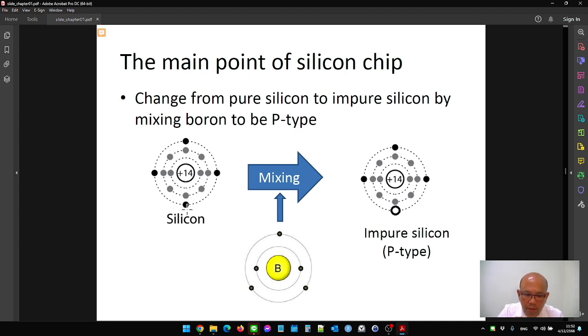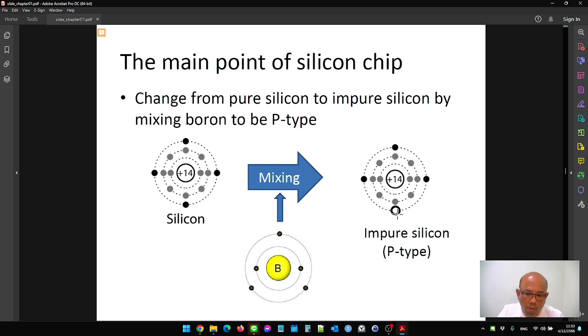When mixing, the focus is on the outside, called the covalent electrons. Here there are 4, 1, 2, 3, 4, and here only 3, 1, 2, 3. When a little boron is mixed into the silicon, some atoms have only 3 covalent electrons, and there is a missing electron here.